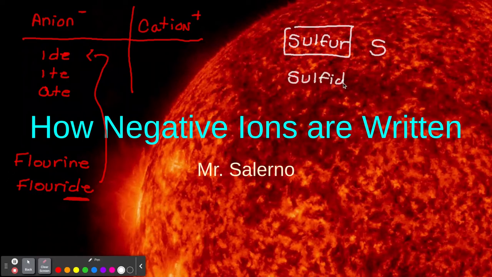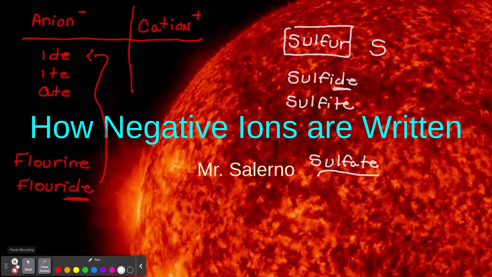And there's the "ide" right there. And you might also see sulfite. That's a negative ion. Or sulfate. And we'll talk about how we distinguish between those three.